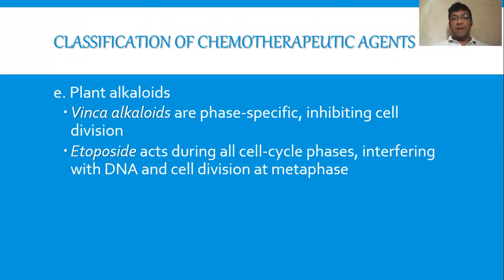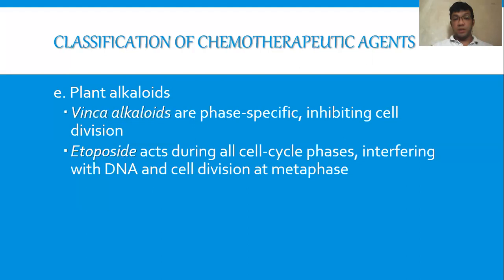We also have the plant alkaloids. Vinca alkaloids are phase specific and they inhibit cell division. So they inhibit the mitosis phase of the cell cycle. So once they interfere with that, of course, the splitting of the cells into two daughter cells will not happen. So cytokinesis is not going to happen.